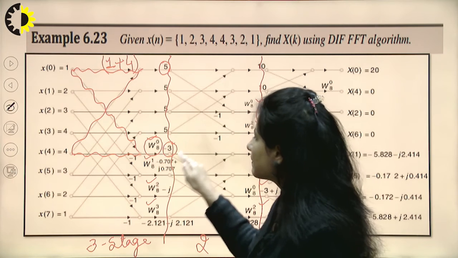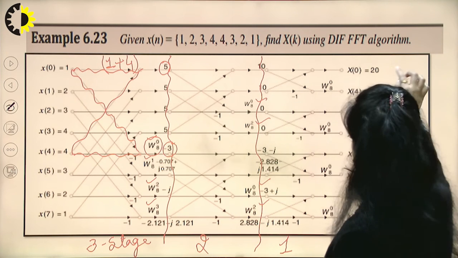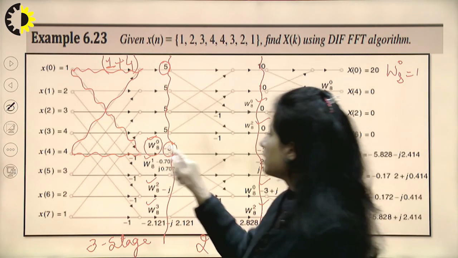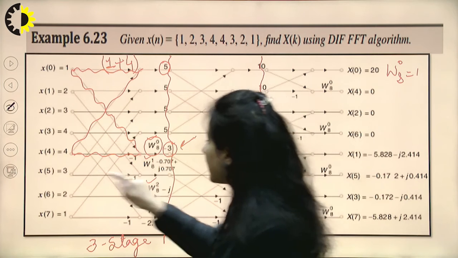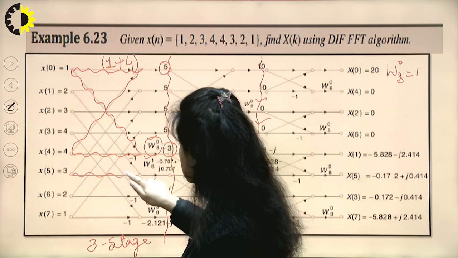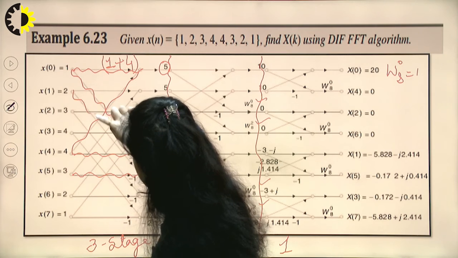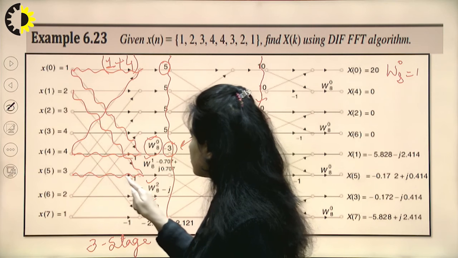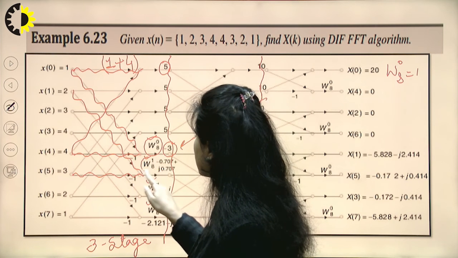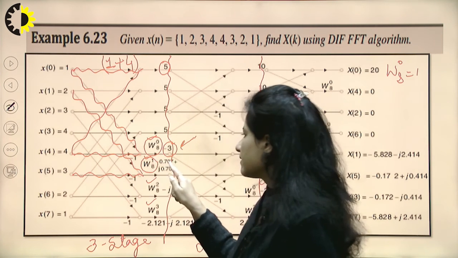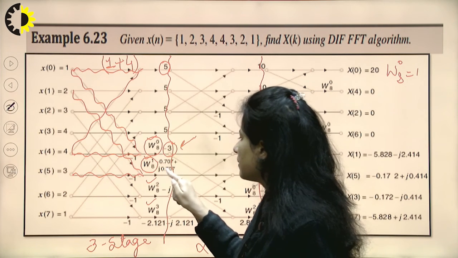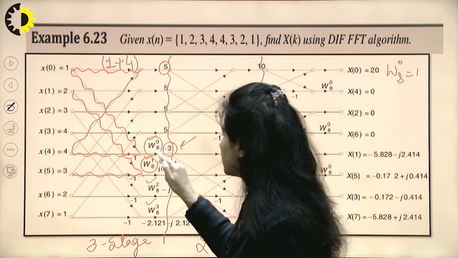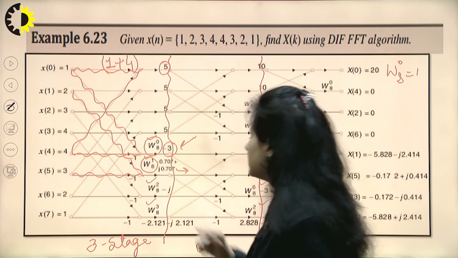That means I simply multiply -3 by W_8^0, which is 1, so I get -3. Looking at another sample, coming out from the upper half, here I am getting 2, and 3 into -1 gives -3. Now the weight is W_8^1, which is 0.707 minus j 0.707. So these samples are multiplied by this particular weight and input to the second stage.